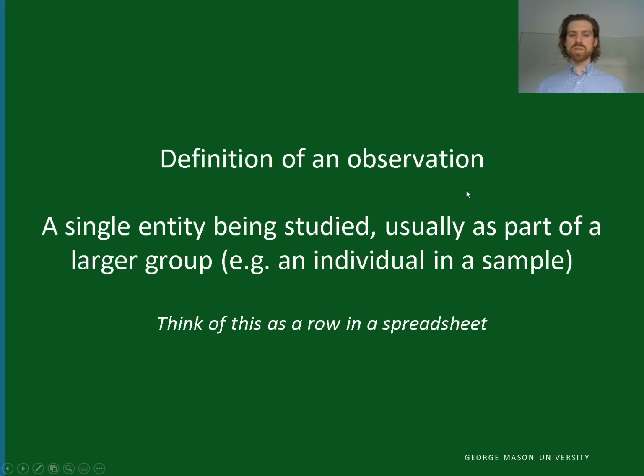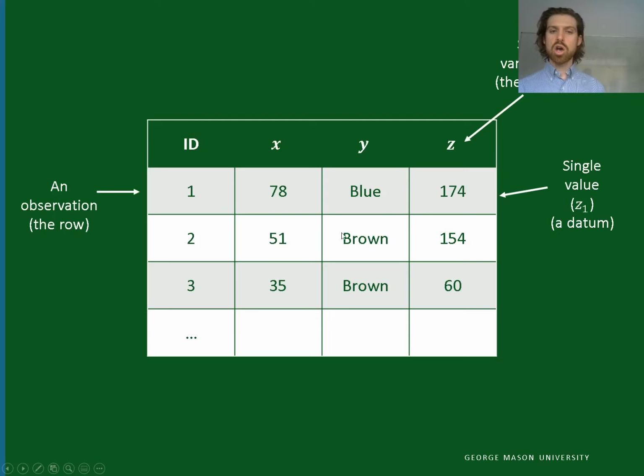So what's an observation? Well, here we define it basically as being a single entity which is being studied, usually as part of a larger group. But I want you to think of it in this case, given the example that I've given you, essentially as a row in a spreadsheet or in a data frame. So this is called tidy data.